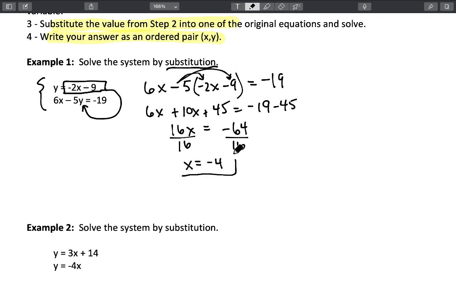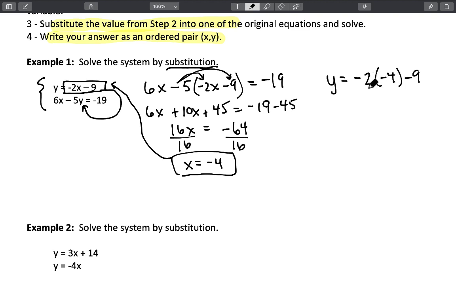Now, once I've found one of my variables, I can take that value and go back to one of the two original equations, substitute it back in for x, and solve for y. So let's substitute it back into that first equation that says y equals negative 2 times my x value. Well, we just found the x value was negative 4, minus 9. So that gives me negative 2 times negative 4.